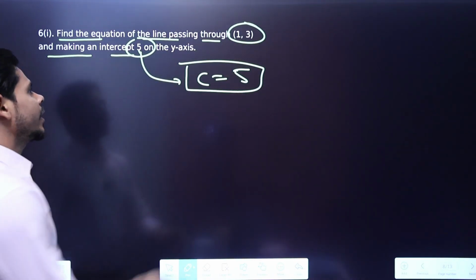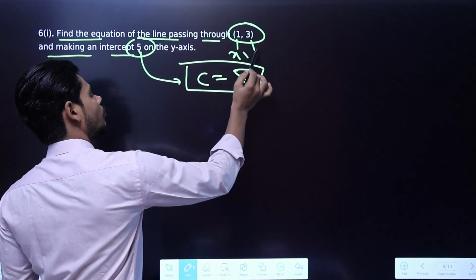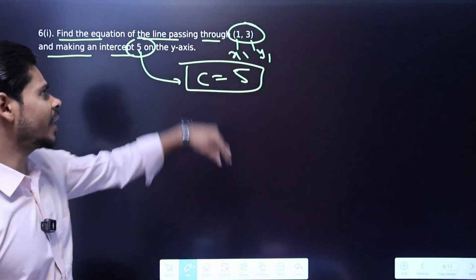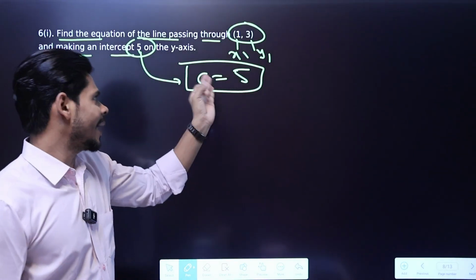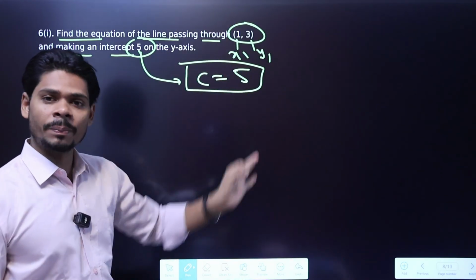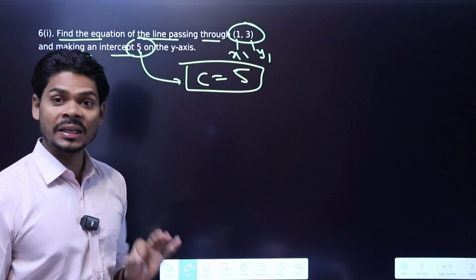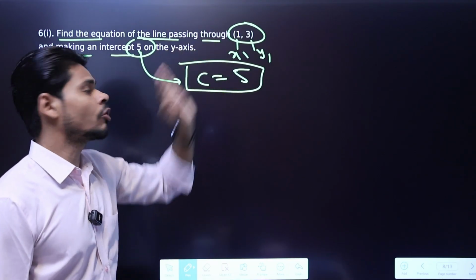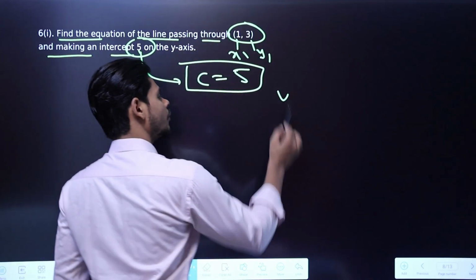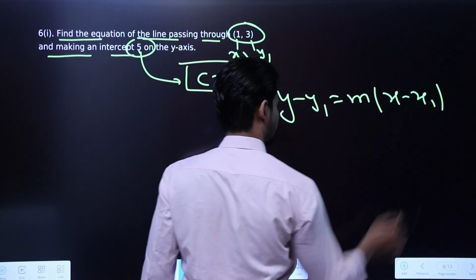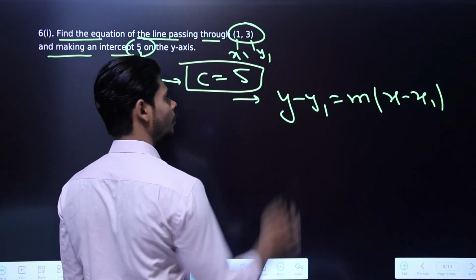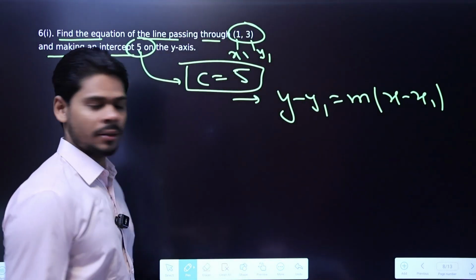Now we are also given x1, y1, a point through which the straight line passes, but we are not given the slope. So I cannot apply the point-slope formula, because we don't know the slope. Also because we are given c.